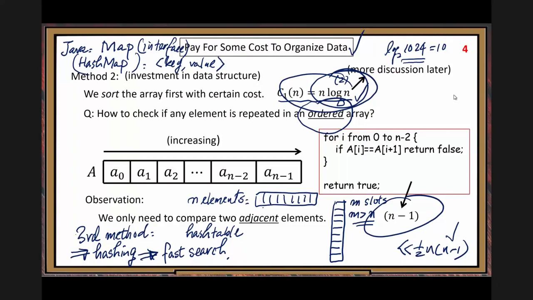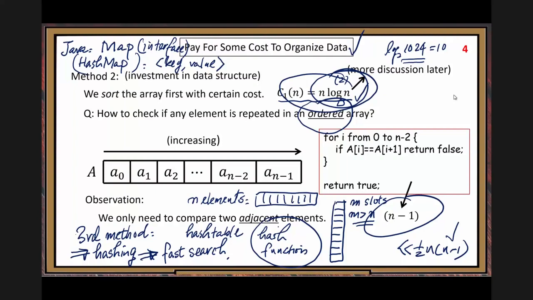Then you need to have a hash function. In Java, the hash function is built in. You don't worry about it. You just store in the hash map, and the hash function is hidden.